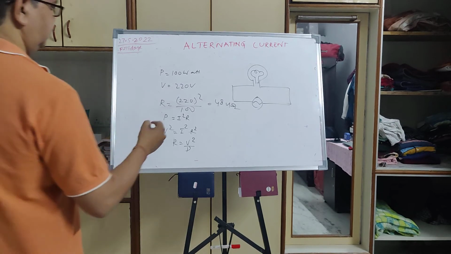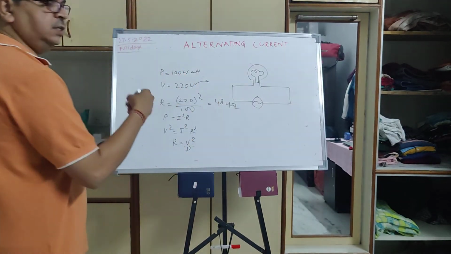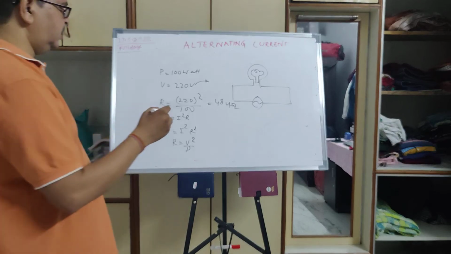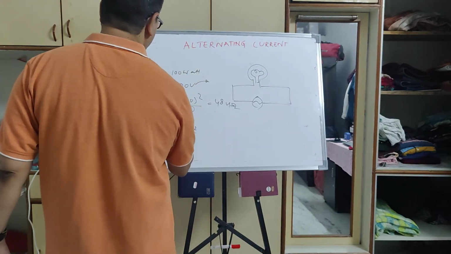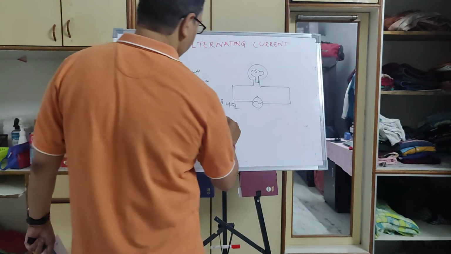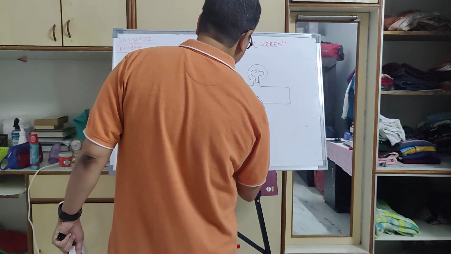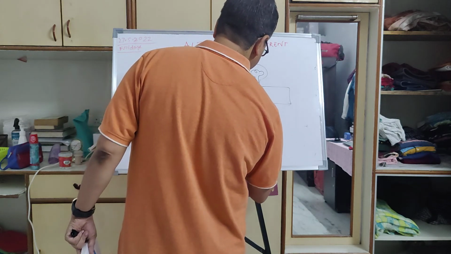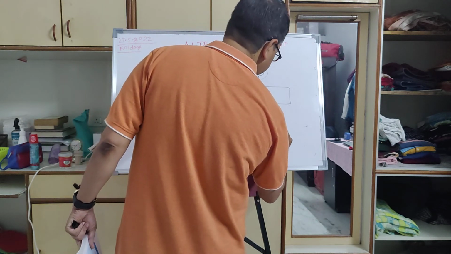Then the next is the peak voltage of the source. What is the peak voltage? Whatever we get in our house, that is 220, and that is nothing but your VRMS. So V peak or V max is equal to VRMS into root 2.